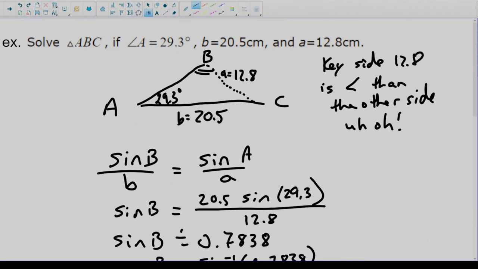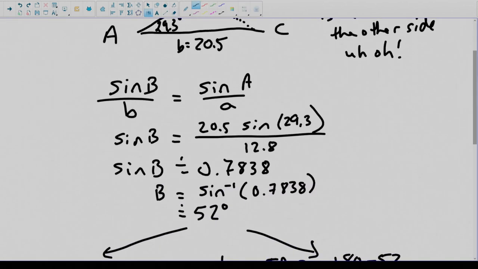You then just start to solve it as normal. Plug in looking for the angle opposite the other side. Okay. Plug in all your values. If you end up with 1, you know it's a 90-degree angle. If you end up with a number greater than 1, you know that the triangle doesn't exist.